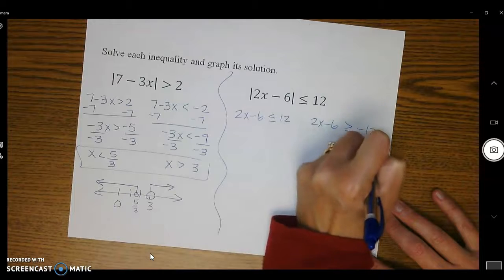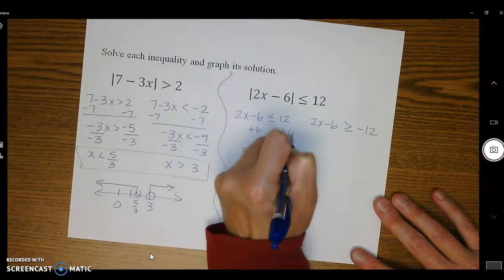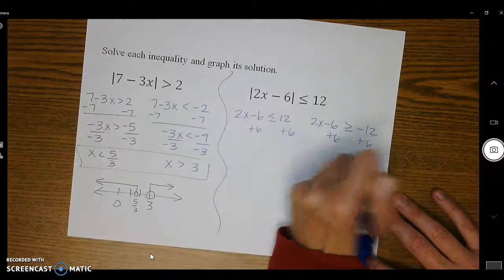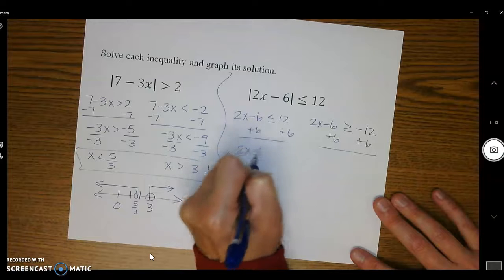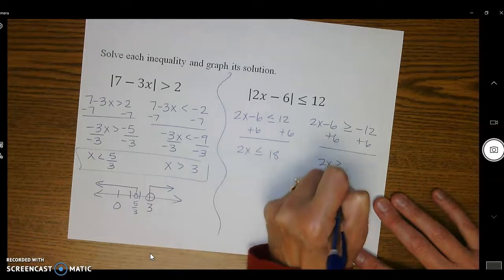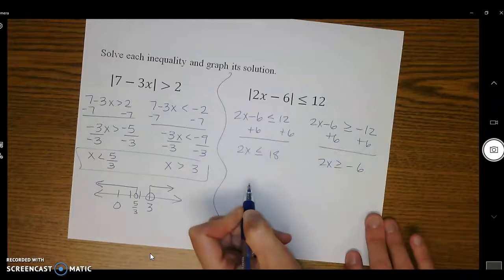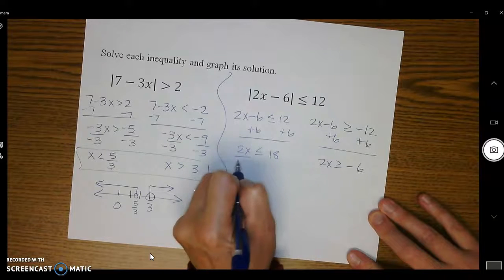Greater than or equal to negative 12. Adding the 6 everywhere. Negative 6. Dividing by 2 everywhere.